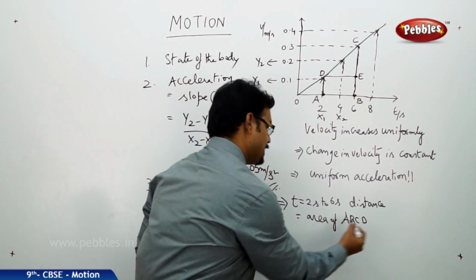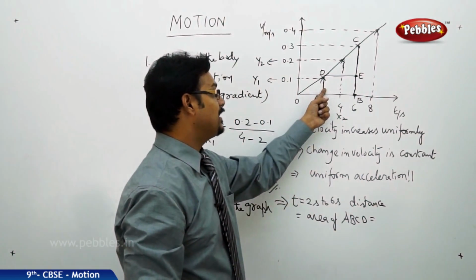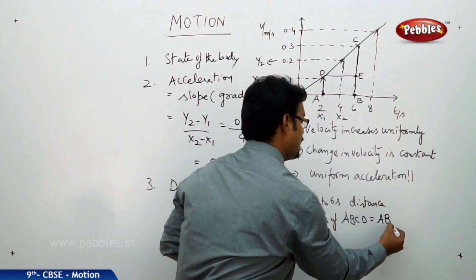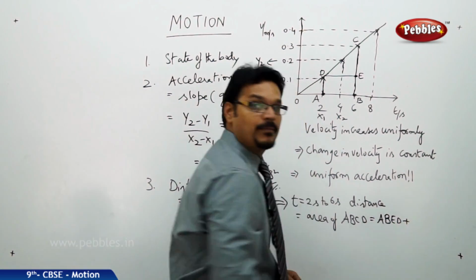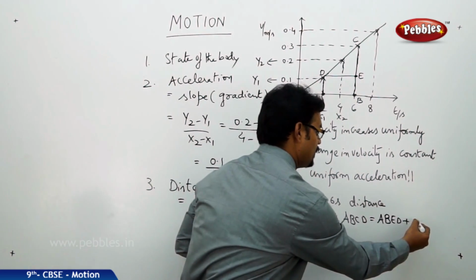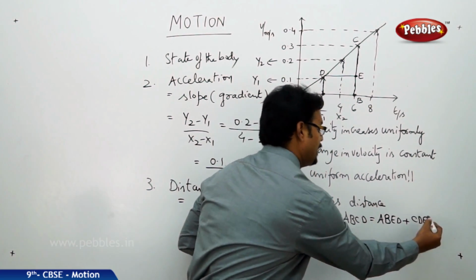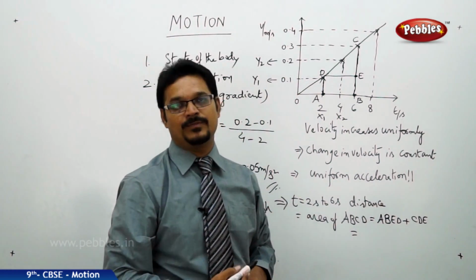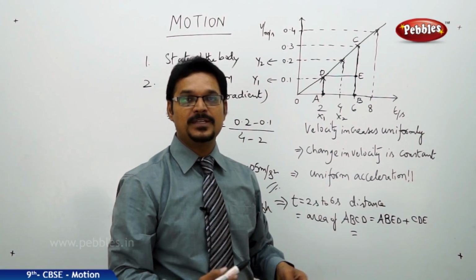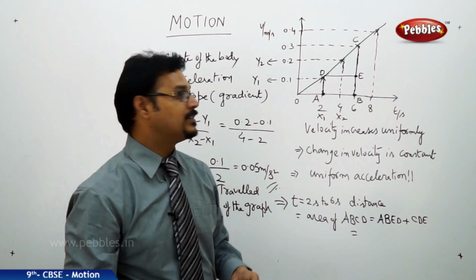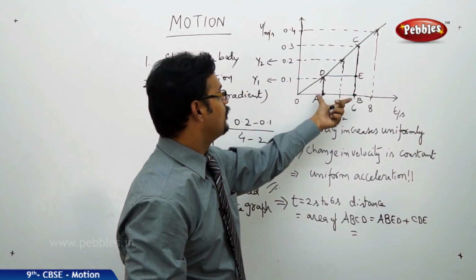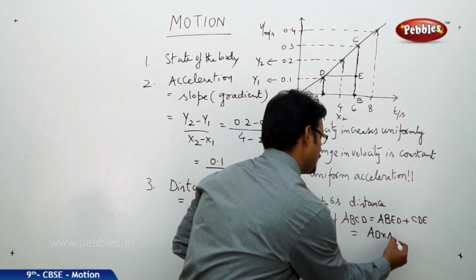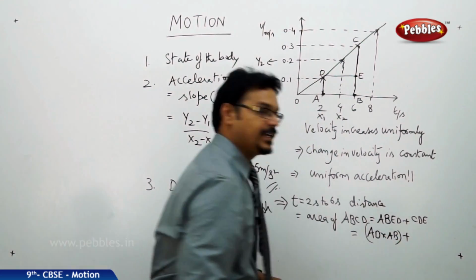Therefore, the area is the sum of the area of the rectangle and the triangle. Rectangle area is length into breadth, here AD into AB.